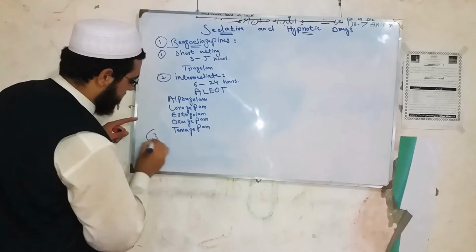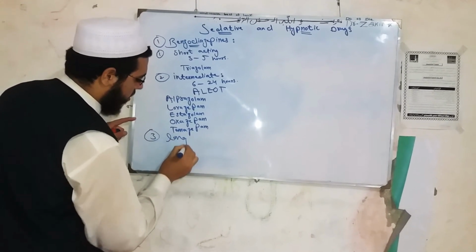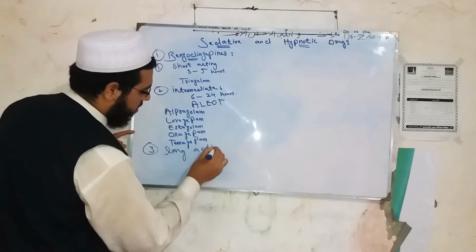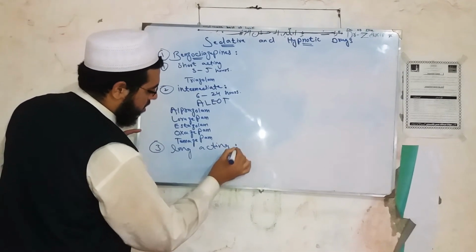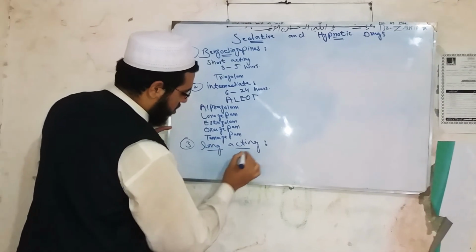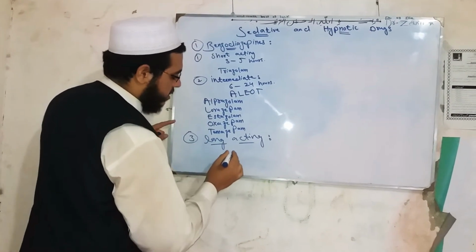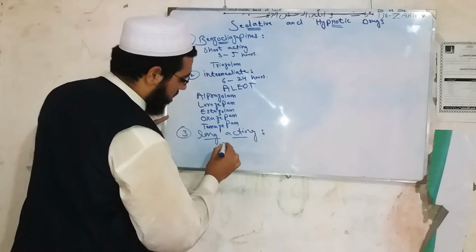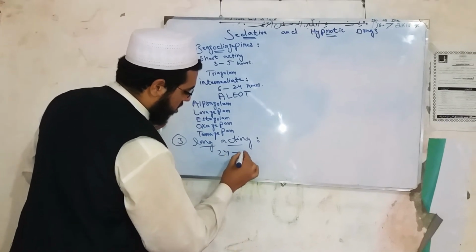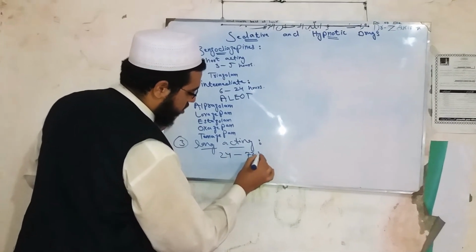And the third one is long acting drugs. Their duration of action is from 24 hours to 72 hours.